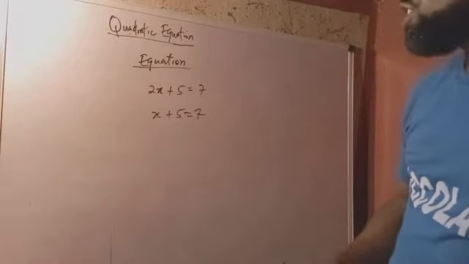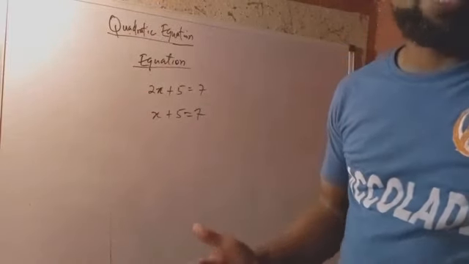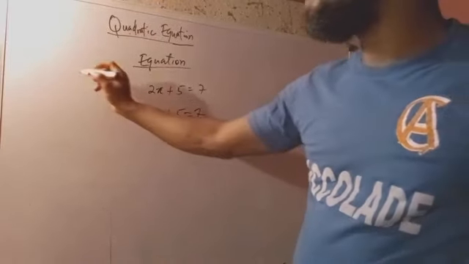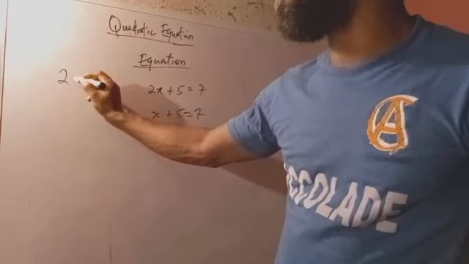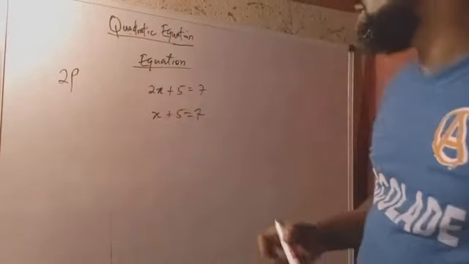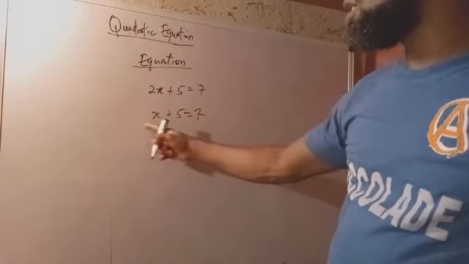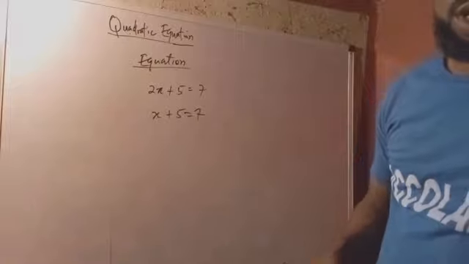If you don't know what a coefficient is, a coefficient is a multiplier of an unknown. Whatever value multiplies an unknown is the coefficient. So in 2p, the coefficient of p is 2. Having said that, let's proceed. So this type of equation is what? A linear equation.